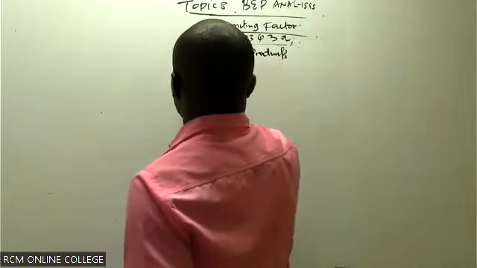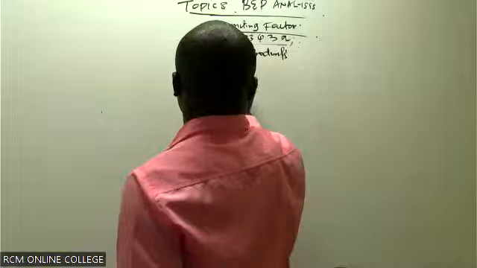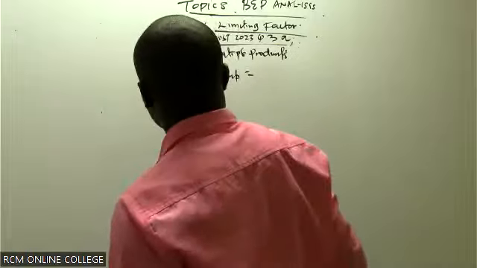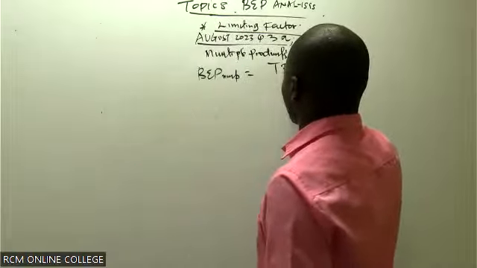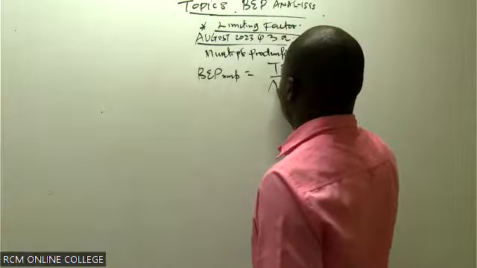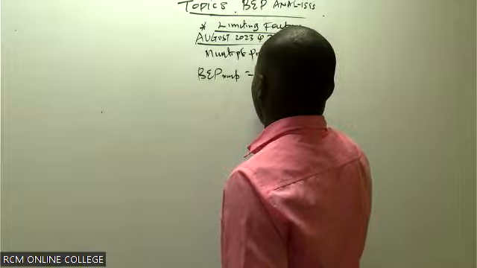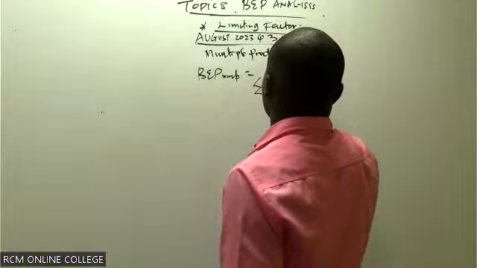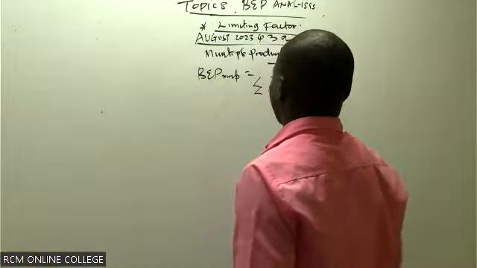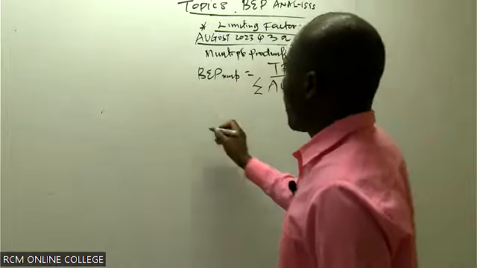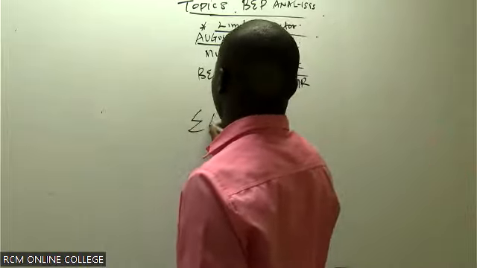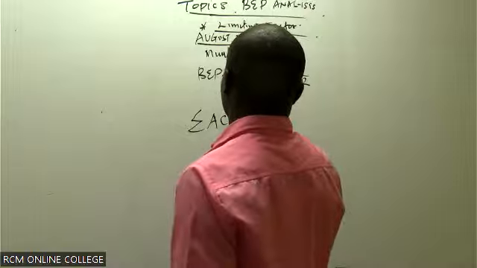Multiple products. The break-even point in units is equivalent to total fixed cost divided by the summation of the average contribution margin ratio.